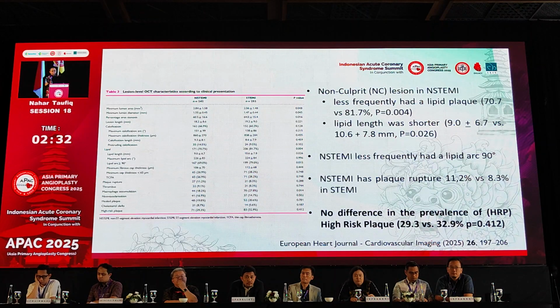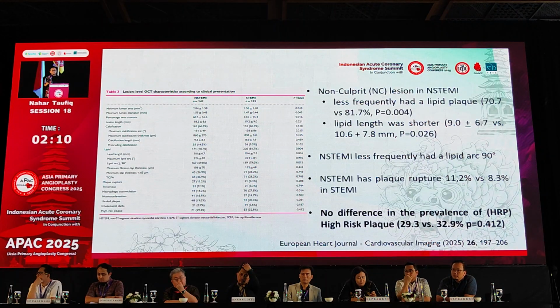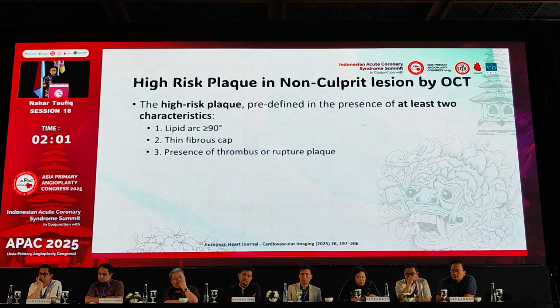In non-STEMI, non-culprit lesions less frequently had a lipid plaque, and the lipid length was shorter. Non-STEMI less frequently had lipid arcs of more than 90 degrees. And non-STEMI had plaque rupture, the same as STEMI. No evidence of a difference in prevalence of high-risk plaque between STEMI and non-STEMI.